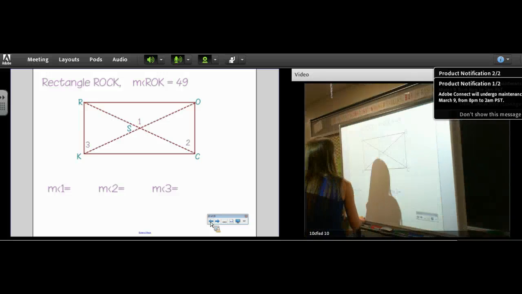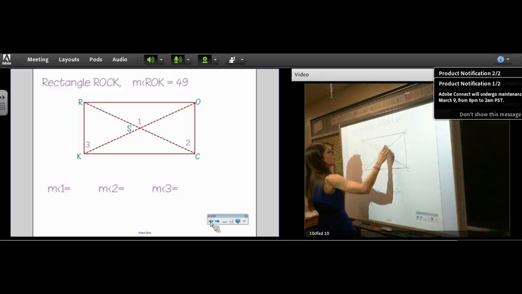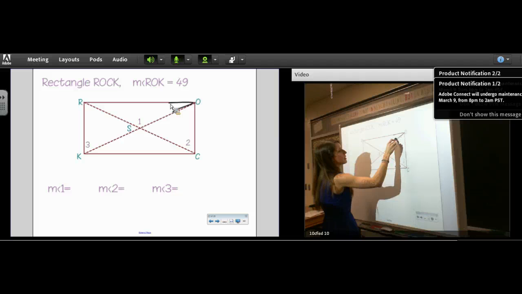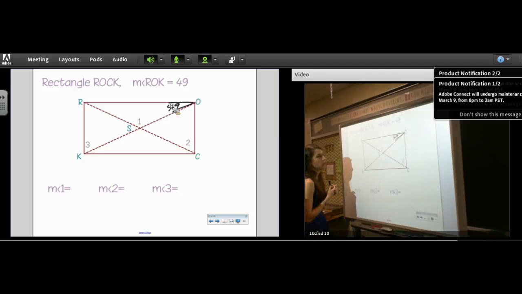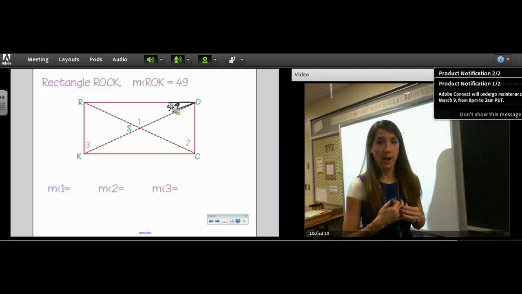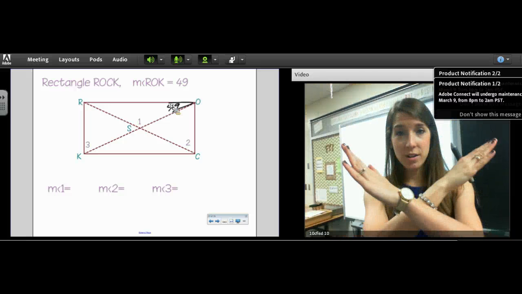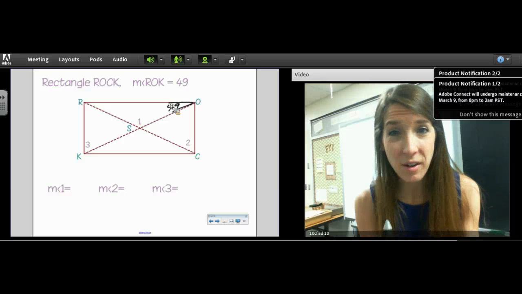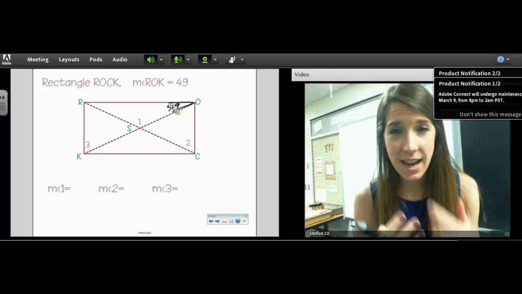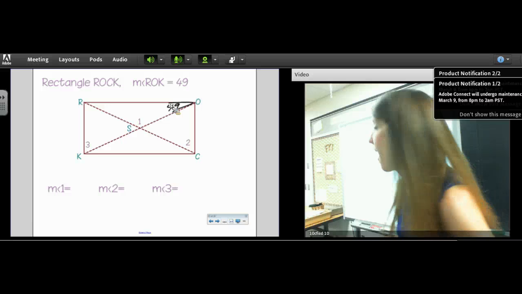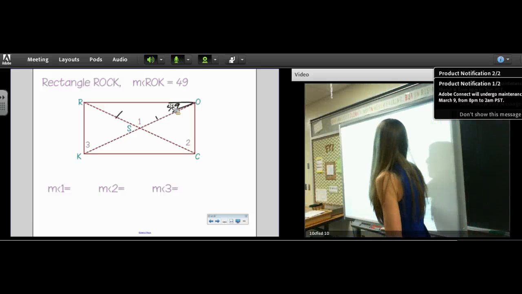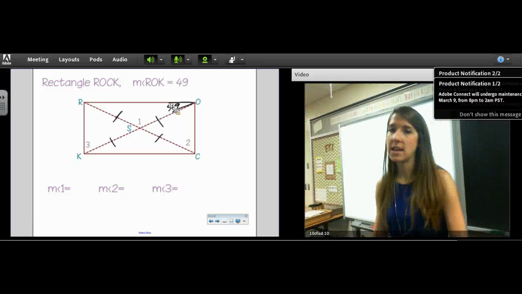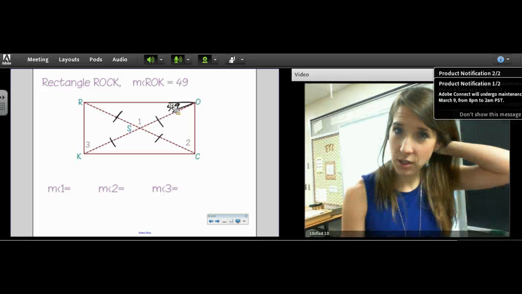Measure of angle ROK. So this angle is 49. Now let me tell you what happens in a rectangle. Our diagonals are congruent. So they bisect each other and they're congruent. Do you know what that means? If they're the same length and they both get cut in half, then in a rectangle, you have 4 isosceles triangles.